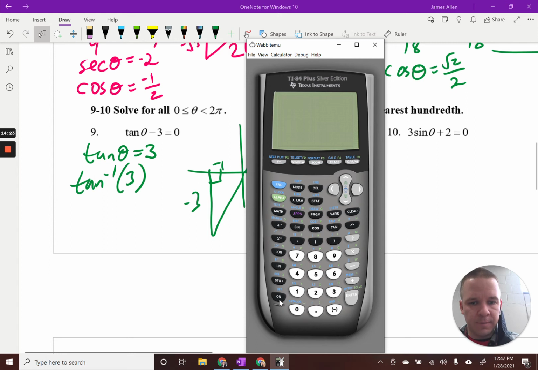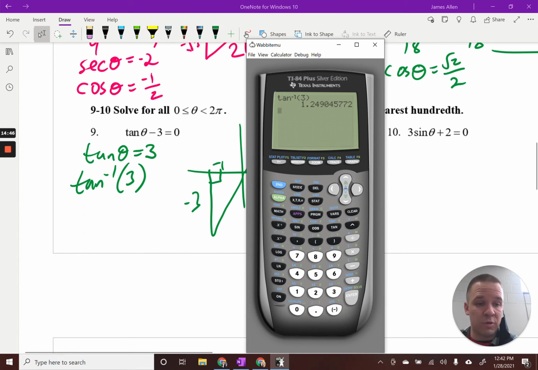So let's pull up our calculator here. And we're going to do tangent inverse of 3. Ooh, almost forgot. Make sure you change your mode to radian. We are in radians for this particular problem just because it said so, right? Okay, so now if I hit enter, I have 1.249 or 1.25 radians, right?